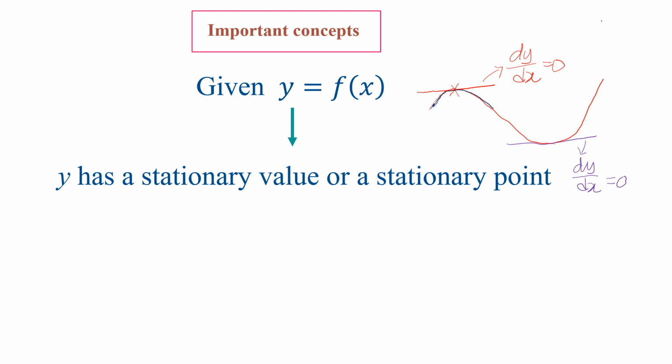When you ride to the highest point, you stop for a while before all the screams come in. So all these points that you paused are called stationary points. And that is when you can draw a tangent line which is horizontal to the x-axis, and that is when your dy/dx is equal to 0.